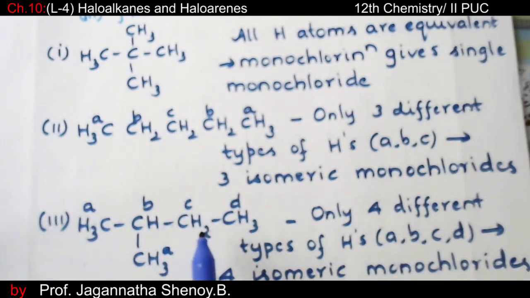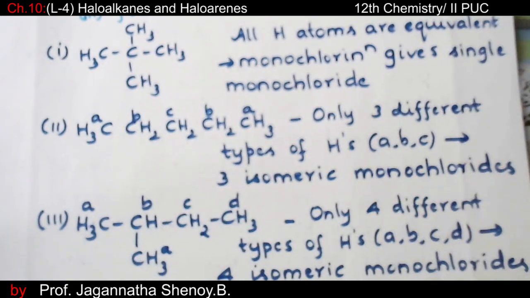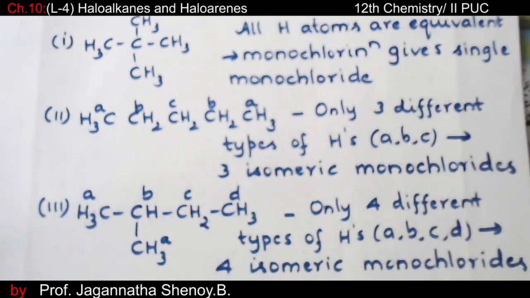In isopentane, you can make out these two hydrogen atoms are equivalent, A, a different one B, this is different C, and the terminal one again is different, it is D. So how many types of hydrogens do we have? Four types. That's why I'm going to get four isomeric monochlorides.